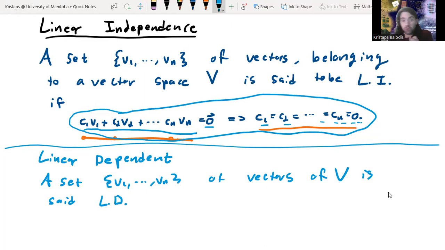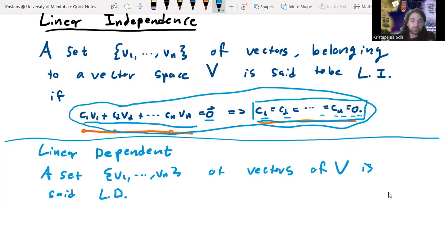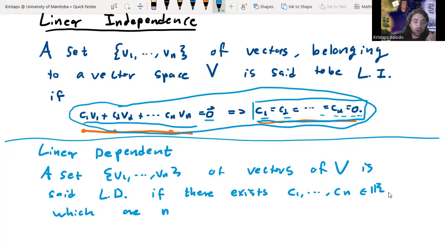So here's the important part. When we negate this, it doesn't mean that each of these coefficients is non-zero. It just means that at least one of them is non-zero. That's an important difference. So this set is said to be linearly dependent if there exist real numbers c1 up to cn in the real numbers which are not all zero.